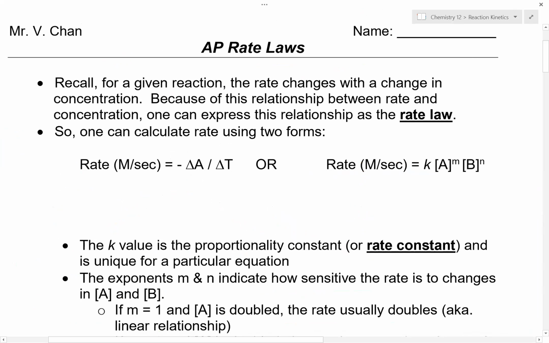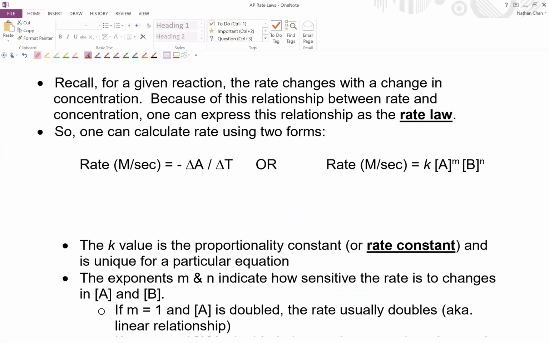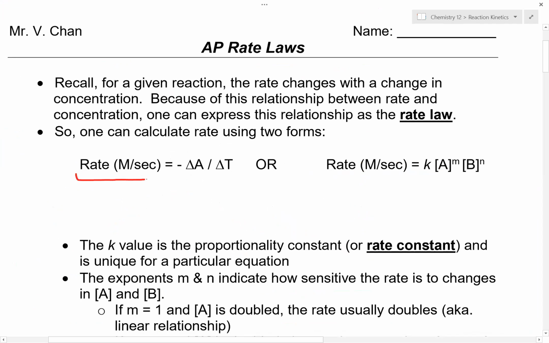Because of this relationship, one can express it as the rate law. One can calculate the rate using two forms. The rate could be the change in concentration over the change in time, which is what we focused on in Chemistry 12. Or we can calculate the rate using the concentrations.